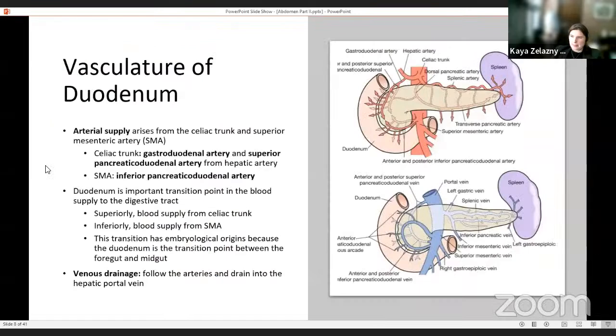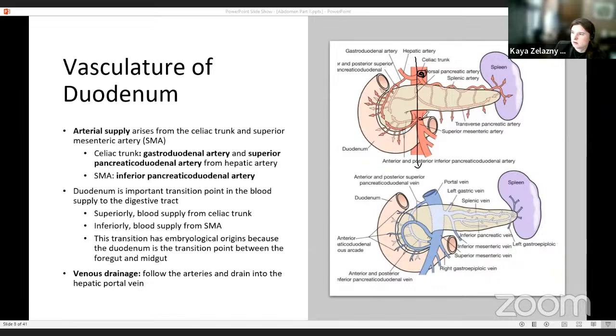All right. So in terms of vasculature, the arterial blood flow is going to be coming from the celiac trunk. That's that first little branch that we see off the aorta, right? So we have our aorta running here. The celiac trunk is going to be supplying the duodenum, but we are also going to have a little bit of blood flow from our next branch down, our superior mesenteric artery.